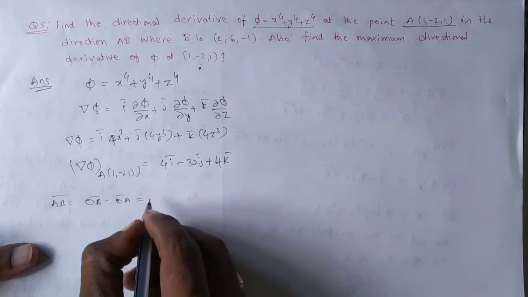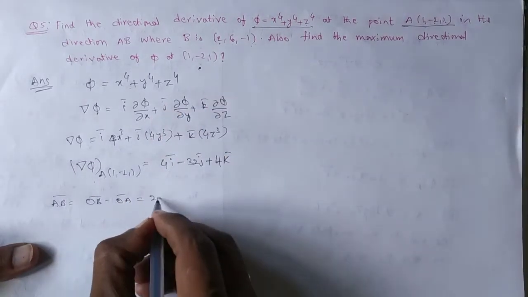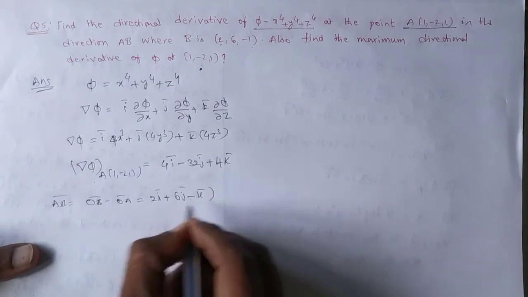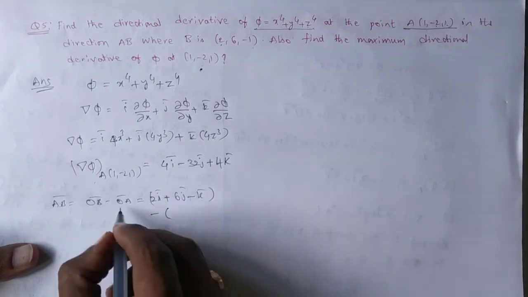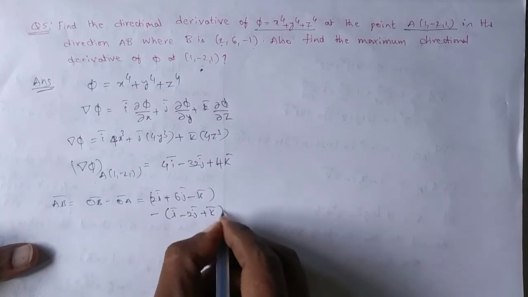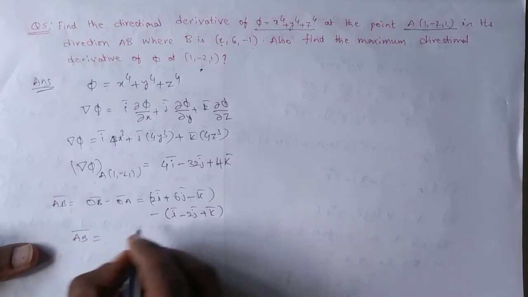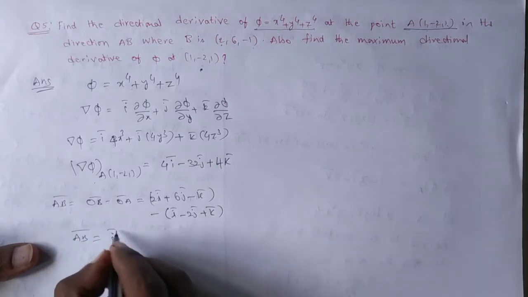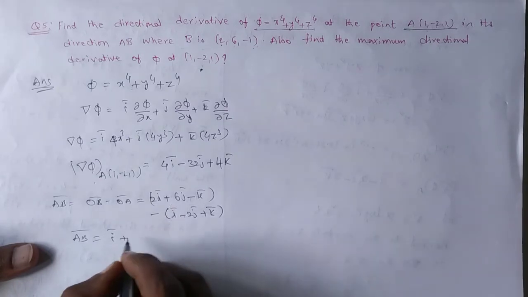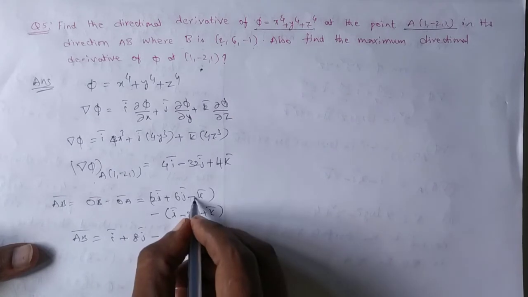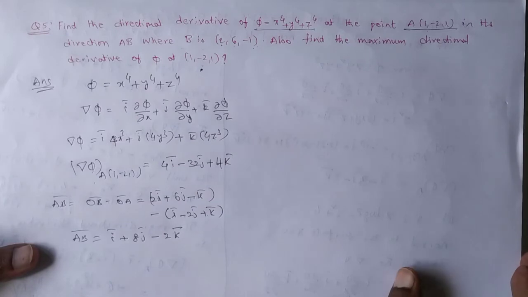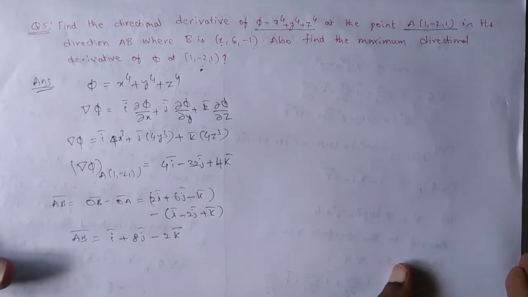So it is 2i bar plus 6j bar minus k bar, minus of i bar minus 2j bar plus k bar. After simplifying, AB bar becomes 2i bar minus i bar, it is i bar, 6j bar plus 2j bar, it is 8j bar, and minus k bar minus k bar, it is minus 2k bar. So this is our AB bar.